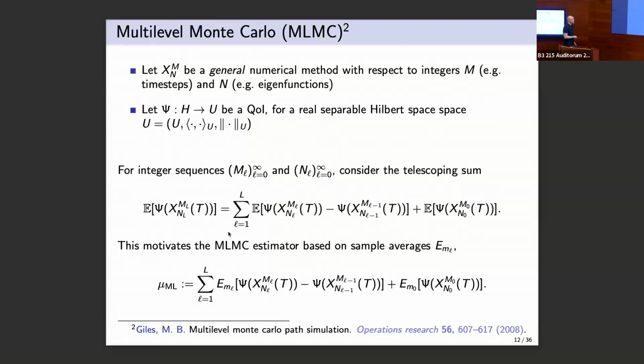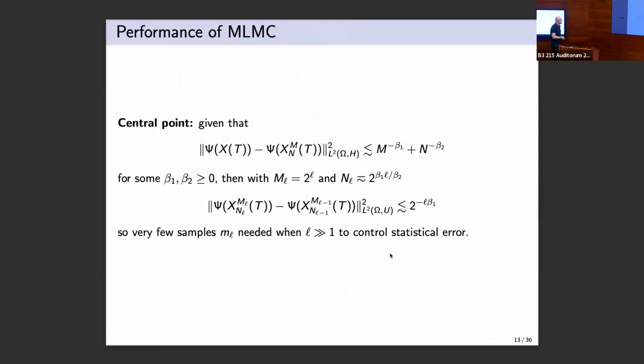So here I have my approximation of the left side through a sample average using M_L samples on level L. And then I have this kind of linear combination. So the number of samples on different levels should be different in order to profit from this kind of approach. So this is essentially the idea by Giles from 2008 when he applied it to SPDEs. There were also earlier works by Heinrich in a different setting. Stefan Heinrich.